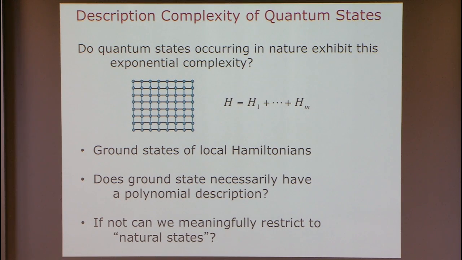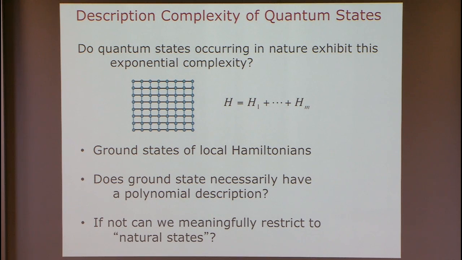So let's start by talking about the description complexity of quantum states. Do natural quantum states somehow exhibit exponential complexity, or could they be described more succinctly?